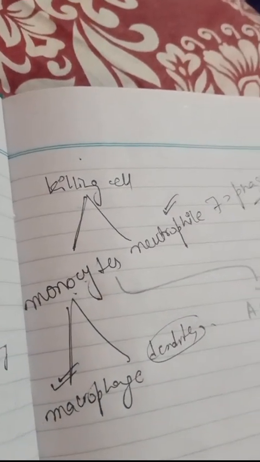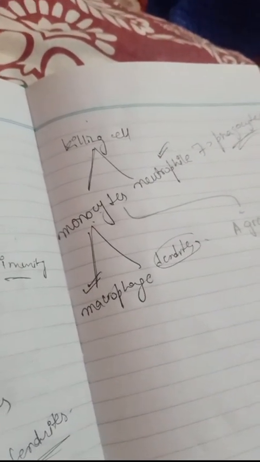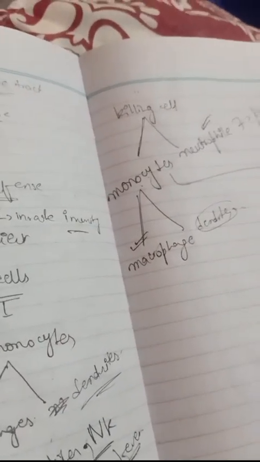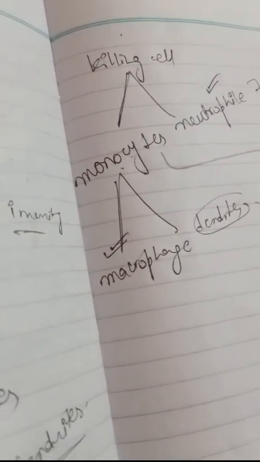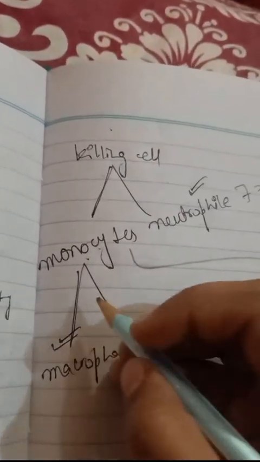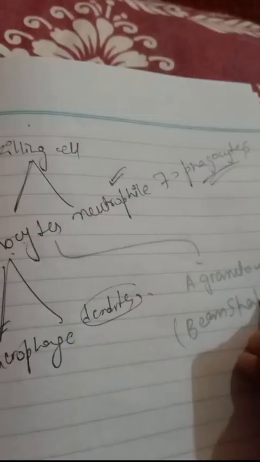Agranulocytes means there is an absence of protein molecules, or granules. And monocytes have a bean-shaped nucleus.